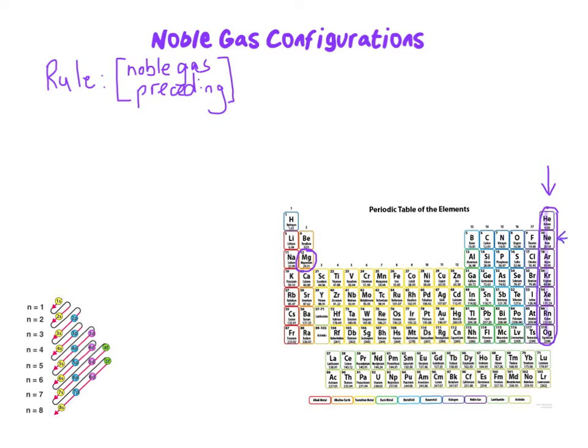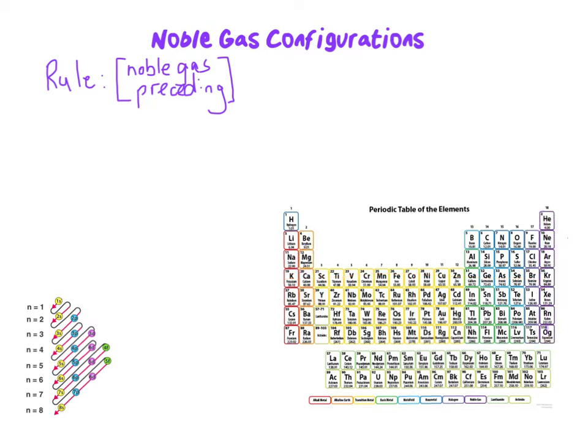Another way to think about this is you would just go up a row and over to this group 18. So if I were looking here at strontium, I'm just going to color in the whole thing, I would go up one row, and all the way over to this row, so it would be krypton.